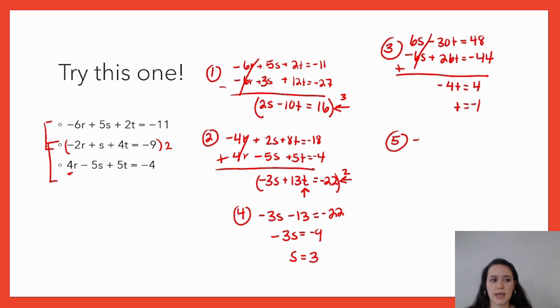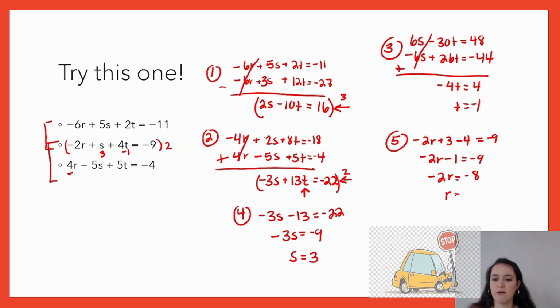So then I get -2r plus 3, there's that s, and then -4 equals -9 because I plugged in a 3 and I plugged in a -1 to this t, which just becomes -4 instead of a +4. So -2r minus 1 equals -9, and then -2r equals -8. And then r equals 4.